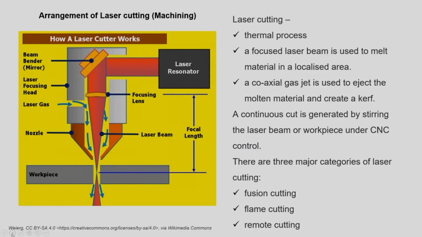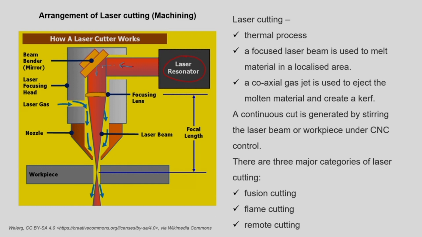On your screen you can see a detailed schematic of the laser cutting arrangement. We have seen that we require a laser resonator which generates the laser beam. That laser beam is applied, but to focus it at the substrate we use beam benders, or a pair of reflecting mirrors, so that the laser can be applied efficiently.